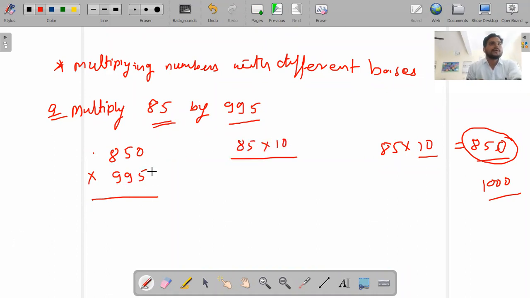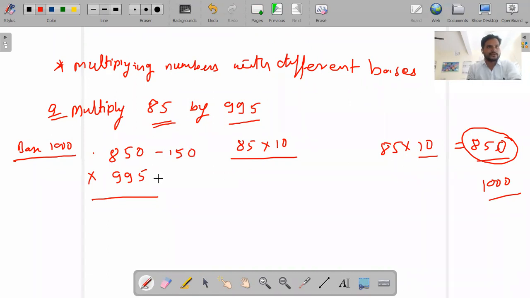Now what will be the base here? For this example, 1000 is the base. Now what will be there? Subtraction. Minus 150. 150 or 250? 150.